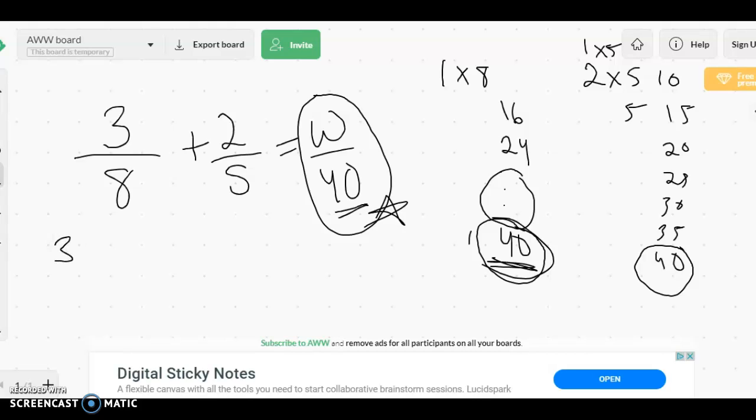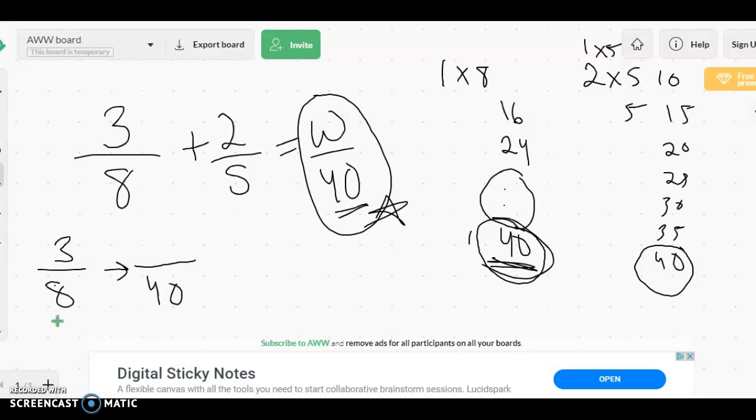So I'm going to take this fraction, 3/8, and I need to get it to 40. That's my denominator that I'm shooting for, and I need to figure out what I need to do with that 8 to get it to 40, because that's going to be what I do to the top number. So what's going to take me to 40? 8 times what equals 40?